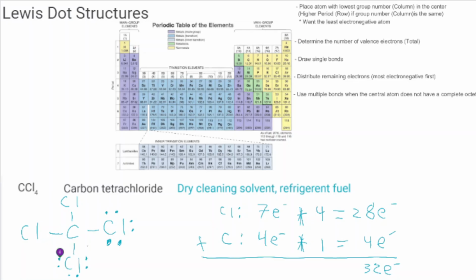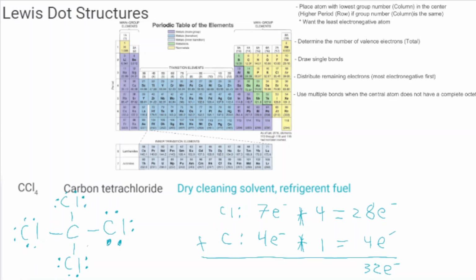Now that one's complete. 13, 14, 15, 16, 17, 18 electrons so far. Then 19, 20, 21, 22, 23, 24. 24 electrons.